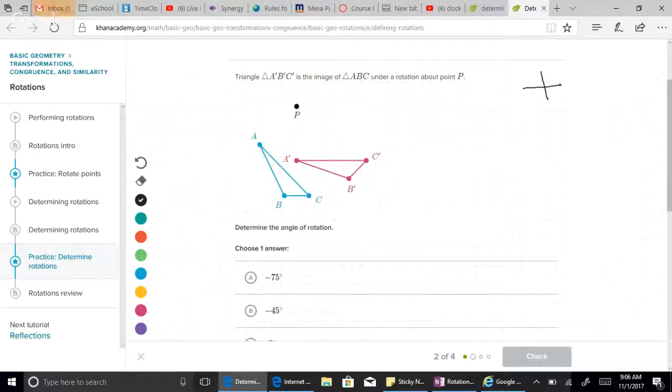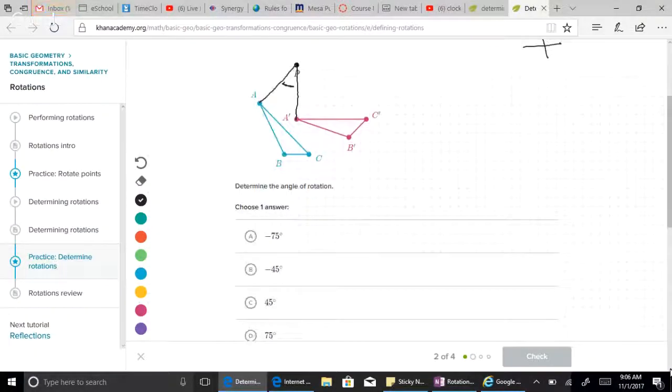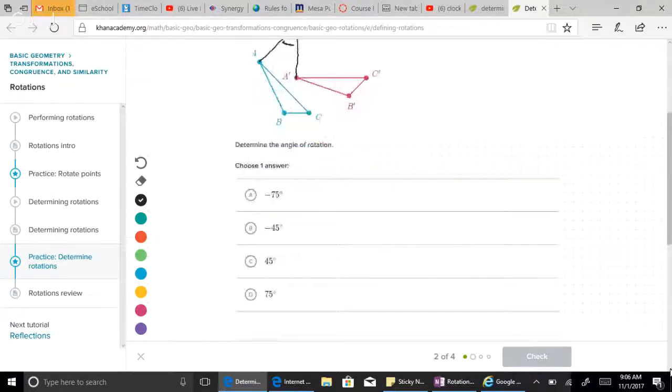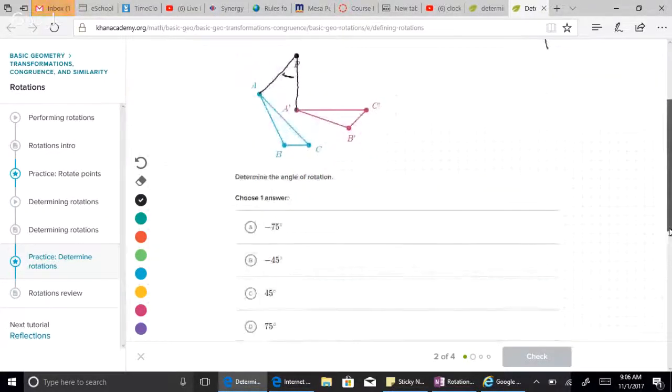Now, what you want to do is start at point P, draw a line to A, and then draw a line to A prime. When you do this, what you're doing is seeing what these degrees look like. Does it look to you like this angle is going to be closer to 45 degrees or closer to 75 degrees?